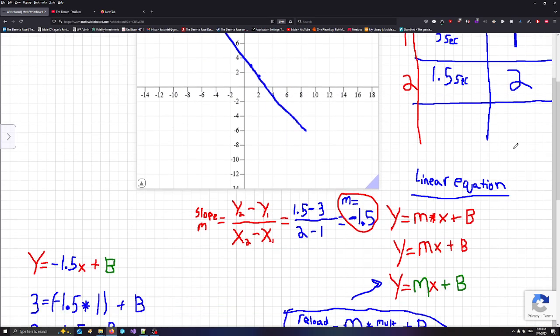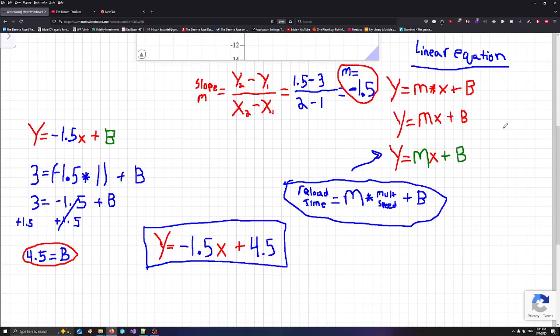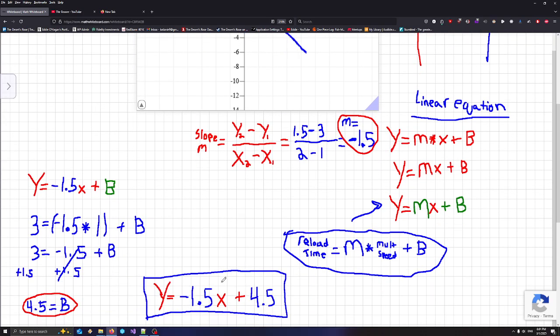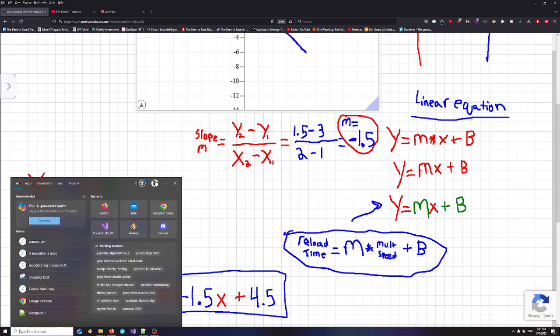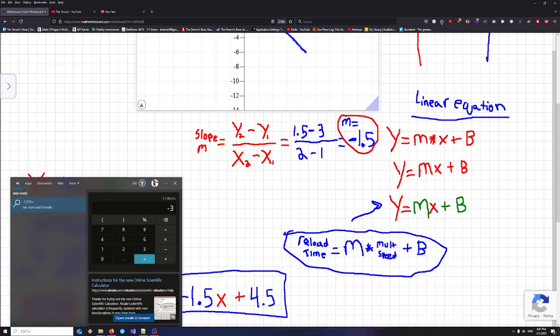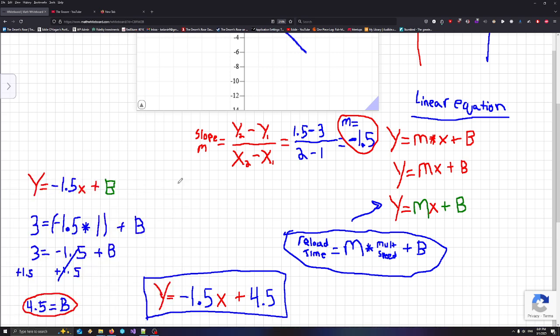So we put in a multiplication speed of 2 for the x. You get negative 1.5 times 2 plus 4.5. So negative 3 plus 4.5, 1.5.